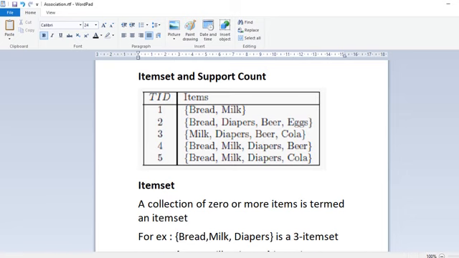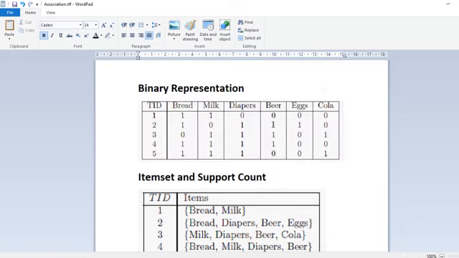Why do we say that? We say that because here each transaction may not contain all the items from the item set. It may be containing a subset of items. So if you take the transaction 1 over here, it contains only 2 items from the entire item set. That is, out of 6 items, it is containing only 2 items.